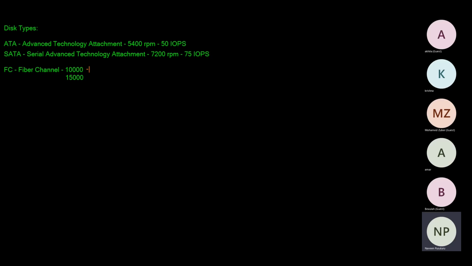So when it comes to 10,000 rpm, it will support 125 IOPS, input outputs per second, because the RPM is less when compared to 15,000 RPM. Okay, it can bear up to 125 operations at a time. And the 15,000 RPM disk will support up to 175 IOPS, input outputs per second.